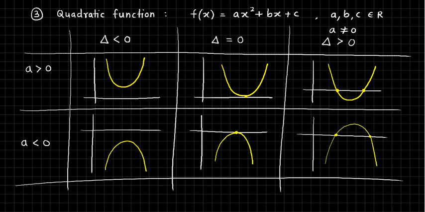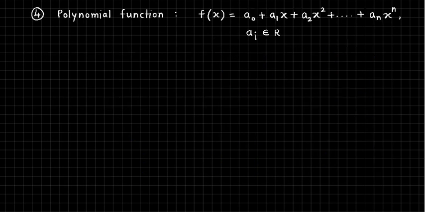Now let's go ahead and see the next type of function, which is the polynomial function. Now the polynomial function is defined as f of x equal to a0 plus a1x plus a2x square plus so on up to an x raised to n, where all the coefficients denoted by ai, that is a0, a1, a2 and so on up to an, all these coefficients are real numbers, right?